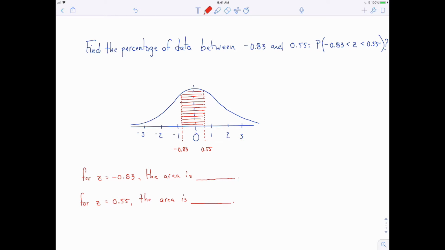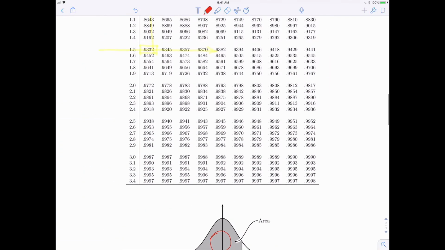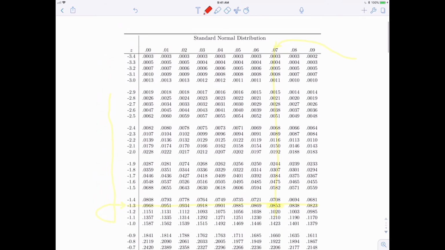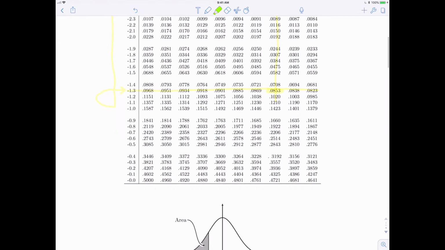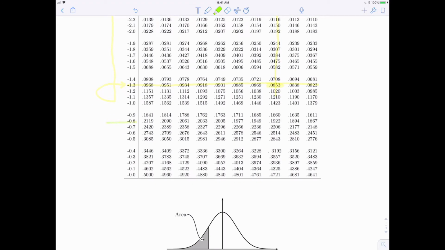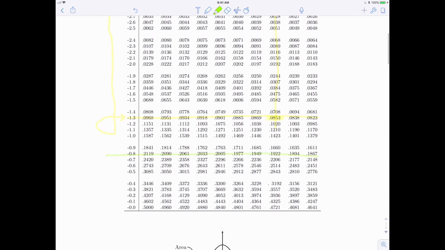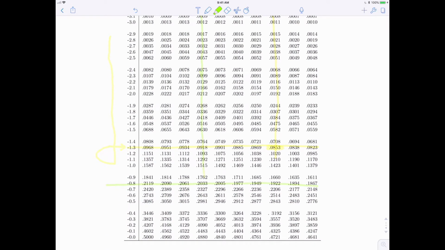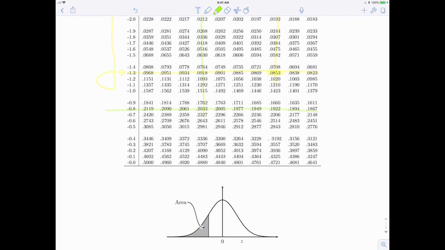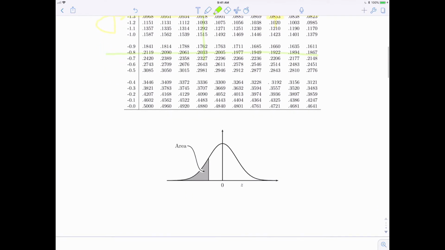Now, we're going to be going up and down here, so bear with all the scrolling, but here we go. All the way to the top for negative 0.83, and let's use a different color. We'll use our light green. So negative 0.8, that's here, and notice that my 3's are right here. So our first value is 0.2033. Now, look closely, because notice that this picture down here at the bottom is telling me that's everything to the left.